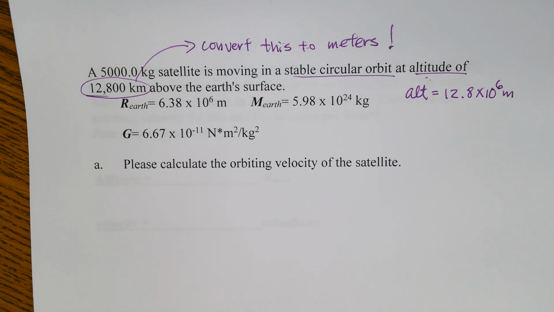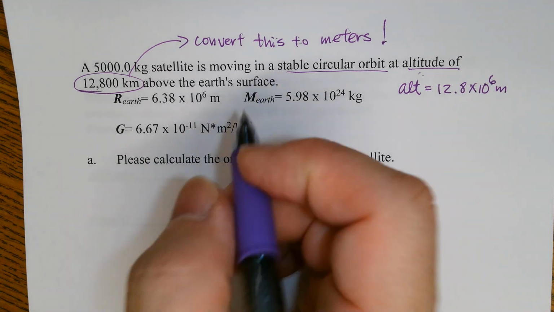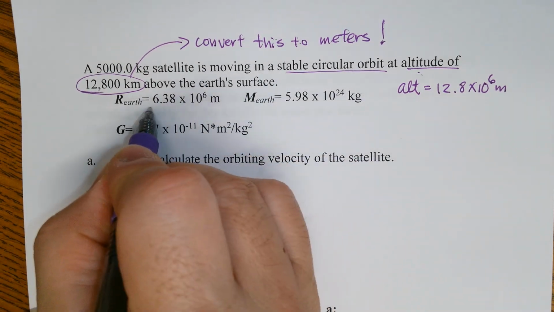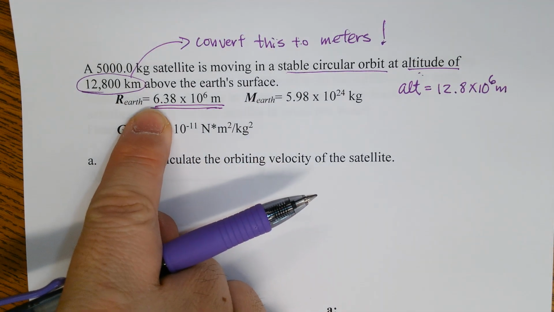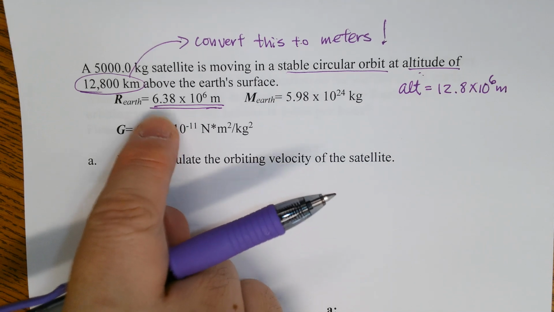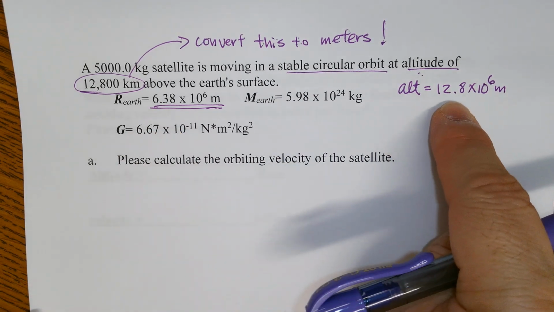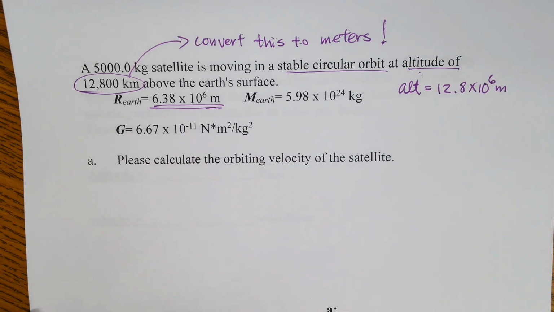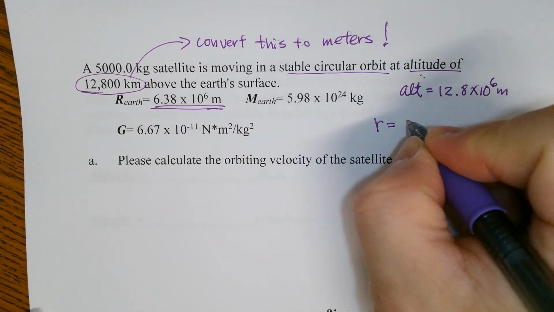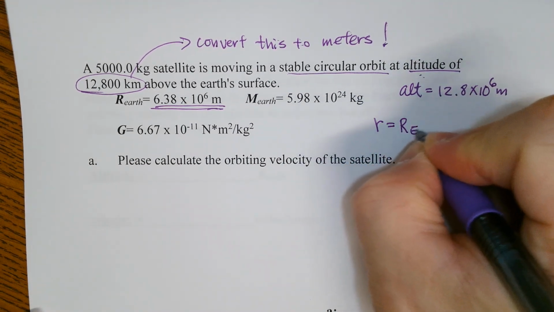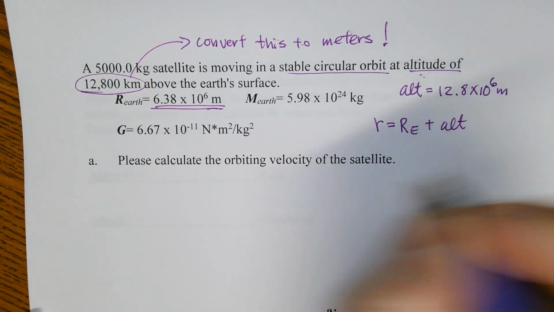But that's the altitude. And just to be different, I'm going to use the radius of the Earth given to us. Instead of 6.4, I'm going to use 6.38, just to make a difference from the radius here, okay? So here, R is equal to the radius of the Earth plus the altitude.